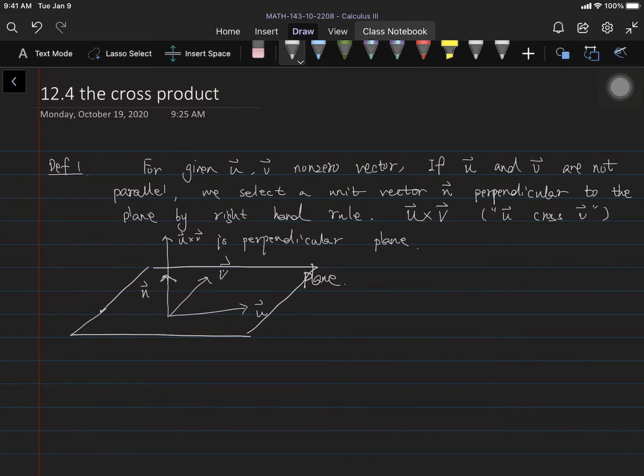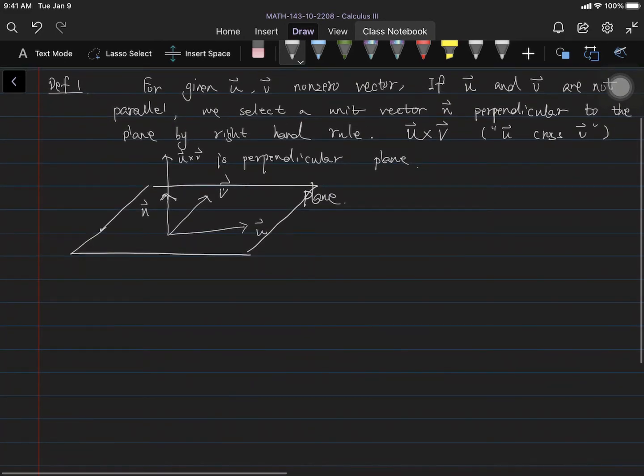So what's the meaning of the right-hand rule? For example, now we switch the order of u and v, and u cross v becomes what?